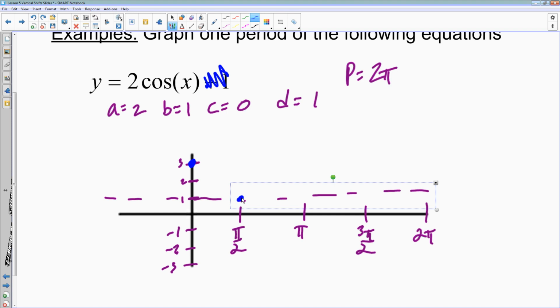And then we go down to our minimum, which should be 2 units away from our midline, so at -1. Back up to the midline and back up to the top. So here is my cosine function.